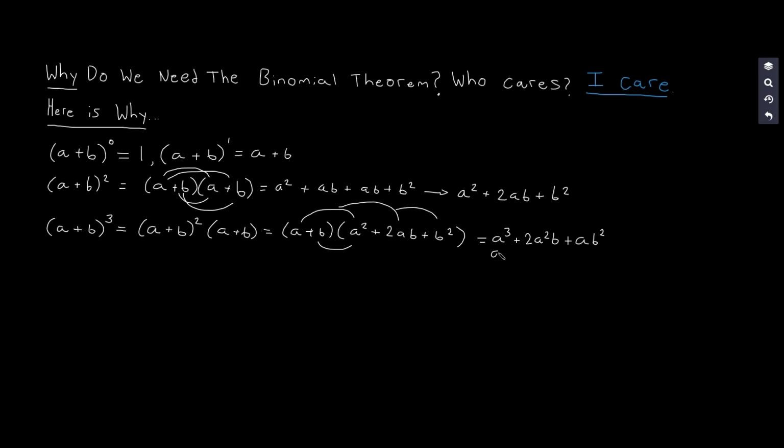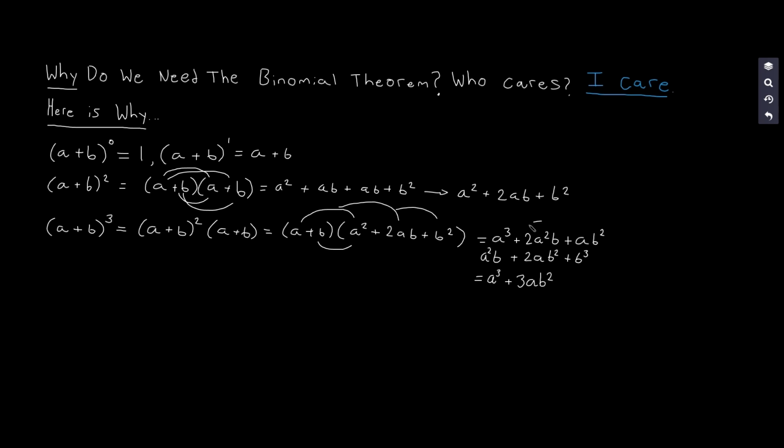Let's work out the b terms. I'm going to do this down here, just because I'm going to end up adding them together at the end. So this is going to be a squared times b plus a times b squared plus b raised to the third power. Then I'm going to add these two together. Well, a squared is by itself, that's just going to come down. I got 2 times a times b squared, and then a times b squared, so that's going to be 3 times a times b squared.